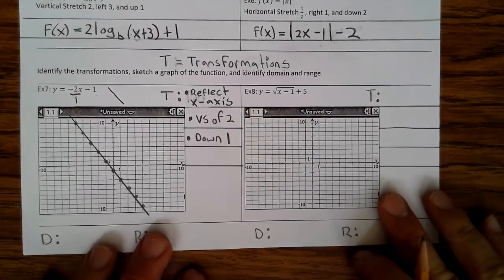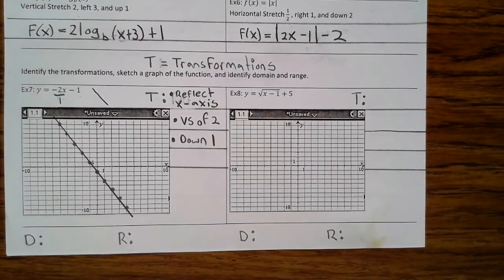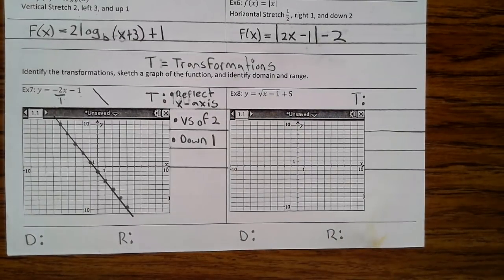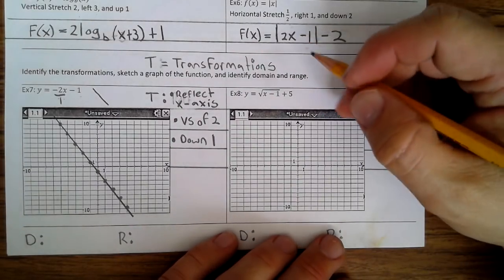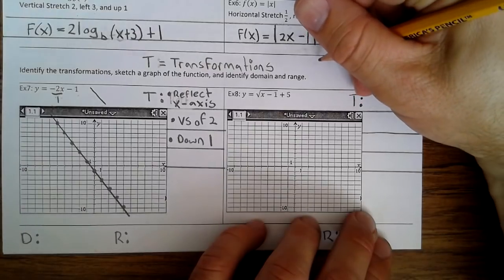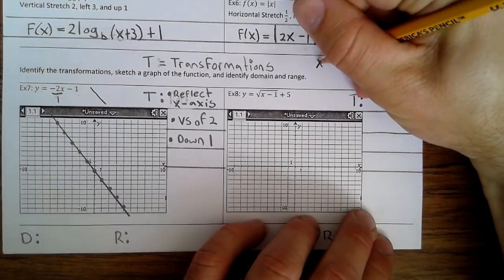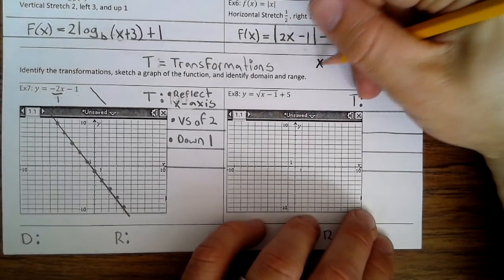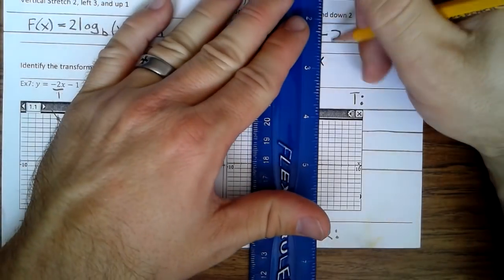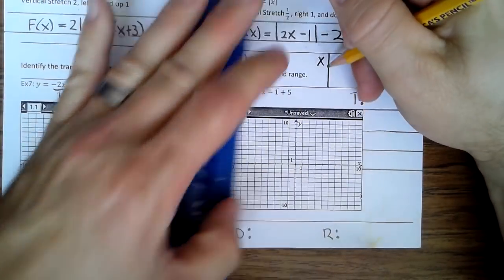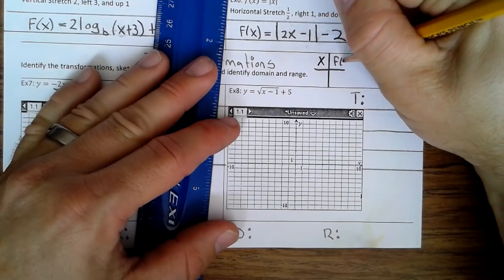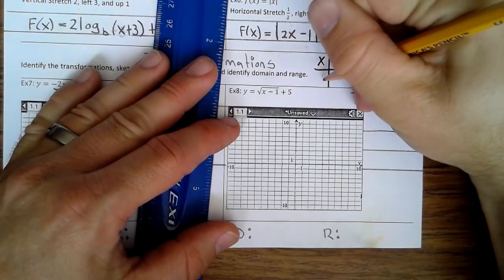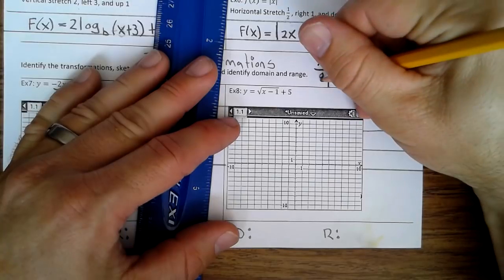All right. Now let's look at example 8, the square root. So we know that the points of the parent function are 0, 0, 1, 1.